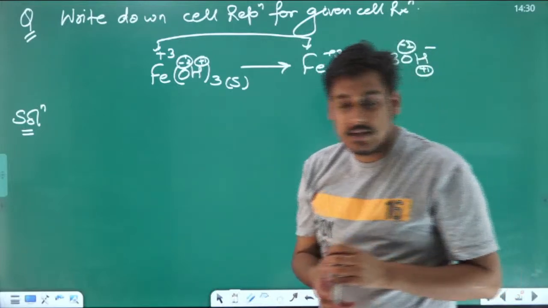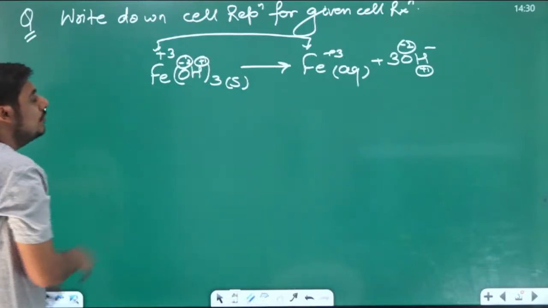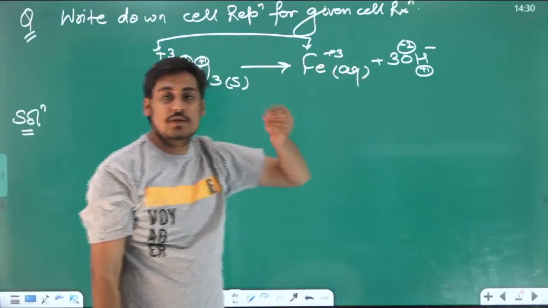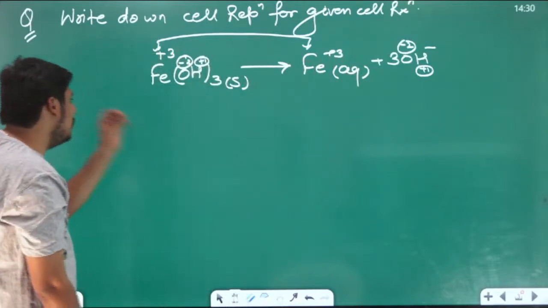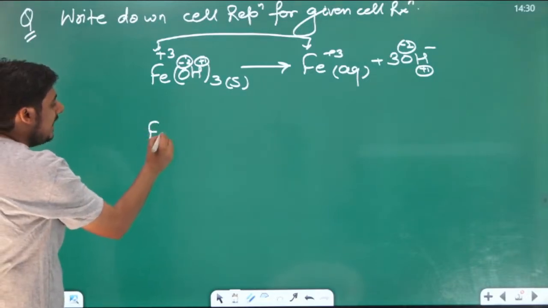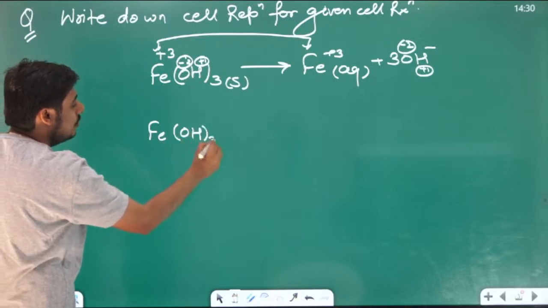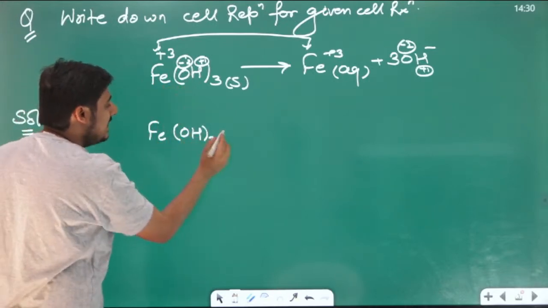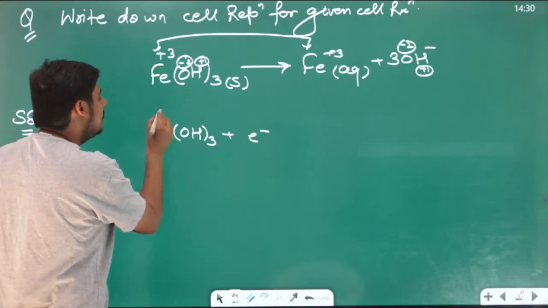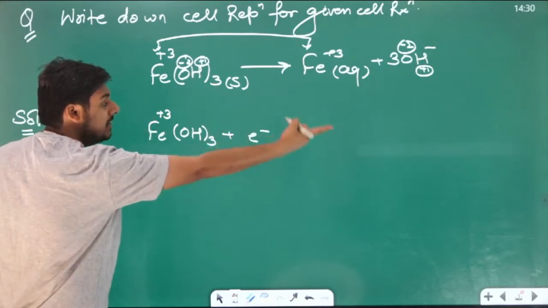So which species is getting oxidized and which is getting reduced, you will not be able to find out by simply looking at the oxidation state. How you will solve this type of question, I have already told you in the previous example. Again, we will repeat the steps. First, we will take the insoluble salt on the reactant side and we will drop electrons, that many electrons which will be responsible for converting this ion into zero oxidation state.